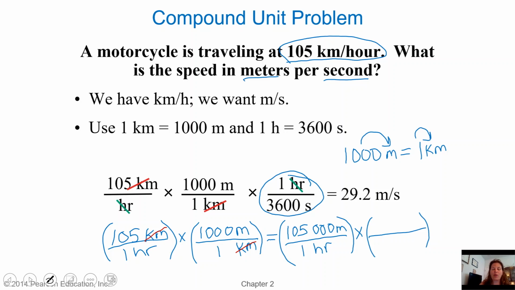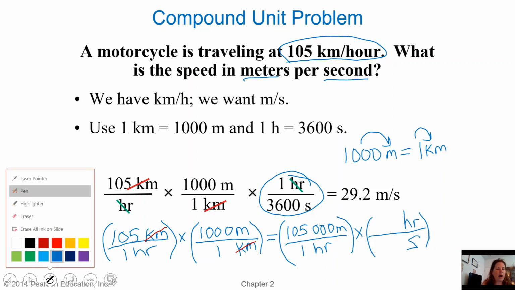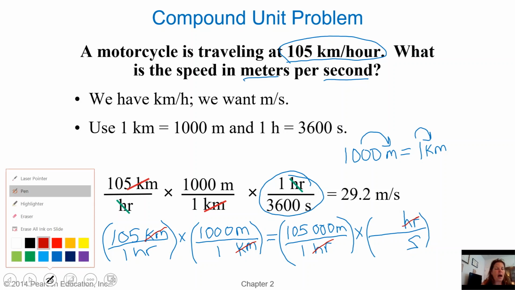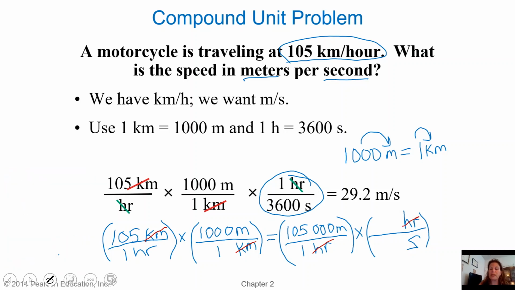So I need hours to cancel, and hours are on the bottom. So now I'm going to put hours on the top and seconds on the bottom. Why? Because now this allows hours to cancel. I'm going to keep my number with its buddy unit. And now I'm just going to divide the two numbers to get 29.2 meters per second.